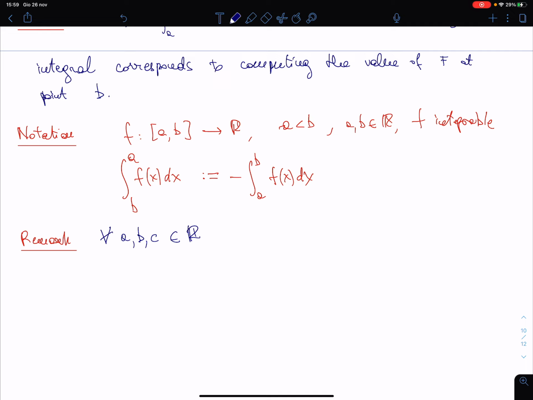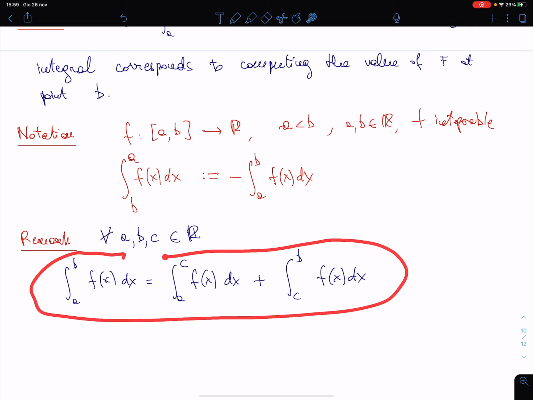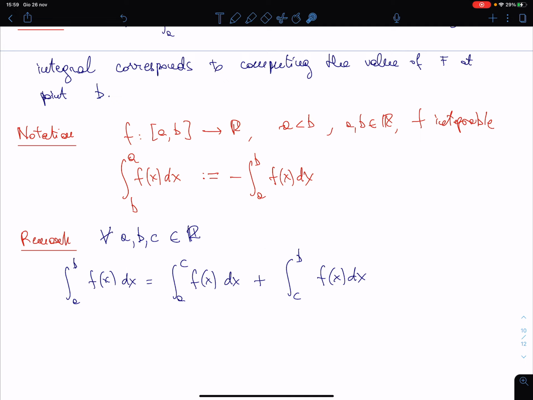that the integral from a to b of the function f is equal to the integral of the same function from a to c plus the integral from c to b of f. This is exactly the rule that we proved as the last rule of our algebra.